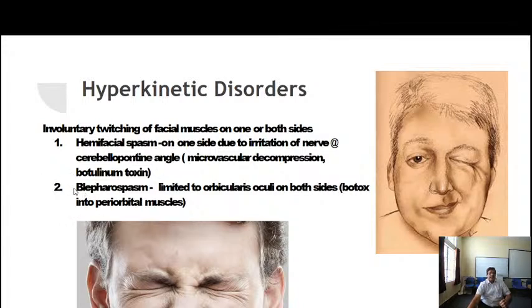And the second one is the blepharospasm, where the orbicularis oculi on both sides go into some kind of spasms. And the treatment is microvascular decompression in the hemifacial spasm, or botulinum injections.